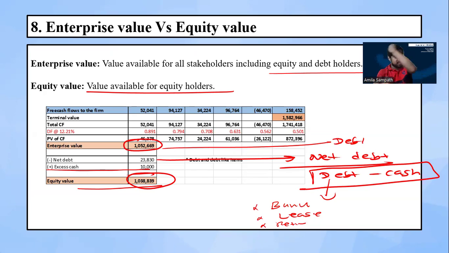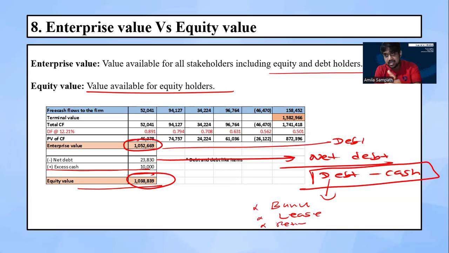This is the practical scenario, and most theoretical books also explain that retirement benefit obligations can be considered debt-like items. But commonly, bank borrowing and leases, that means interest-bearing borrowings, we consider as debt.